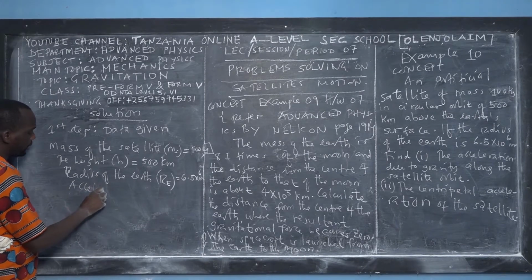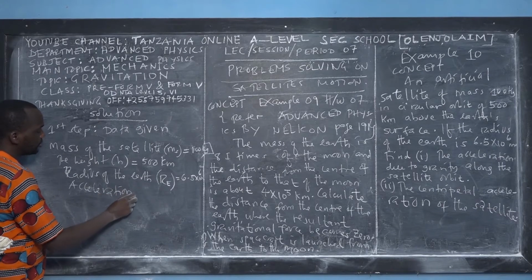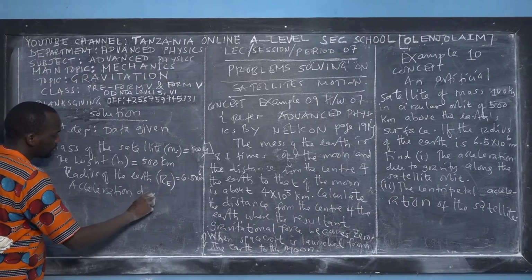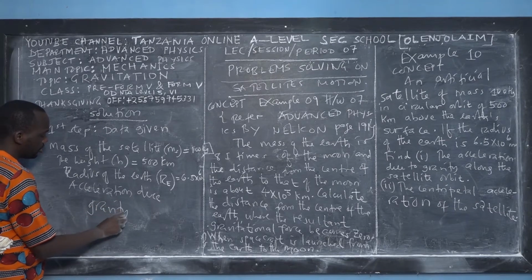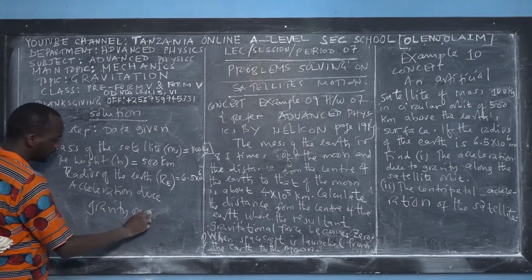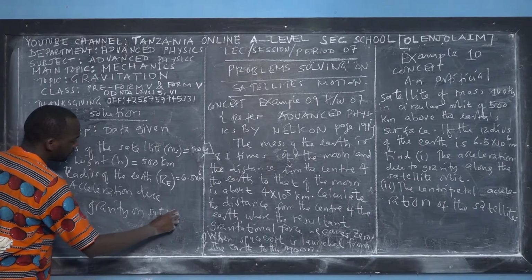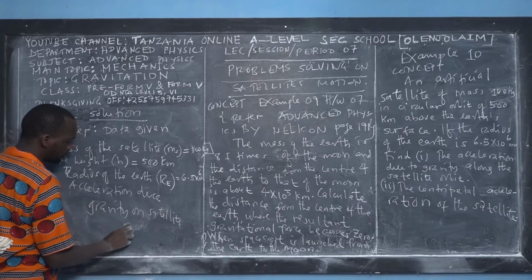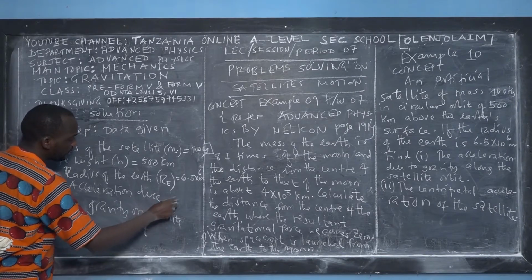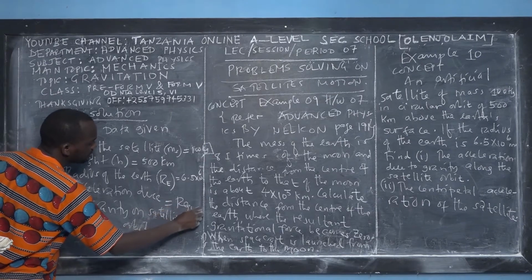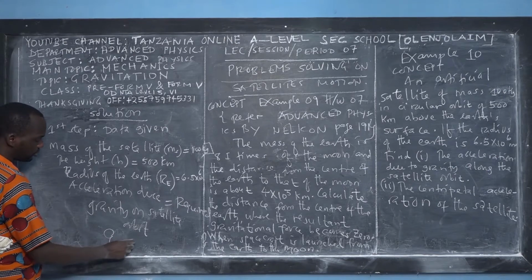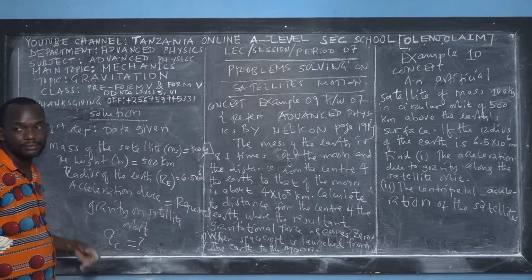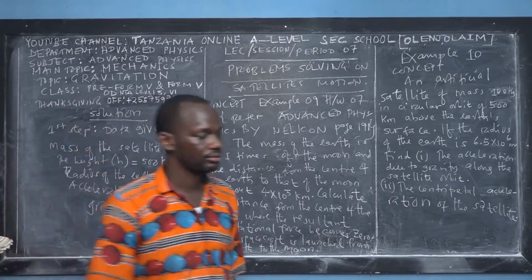We are required to find the acceleration due to gravity on the satellite orbit, not on the Earth's surface. This is required. Also, we have to find the centripetal acceleration. Interesting.